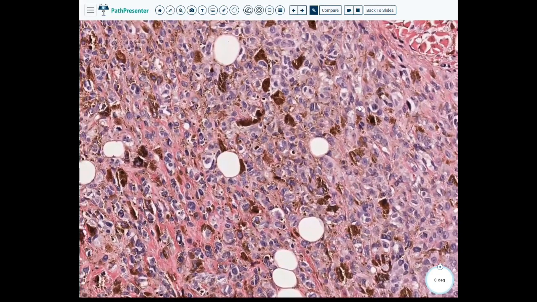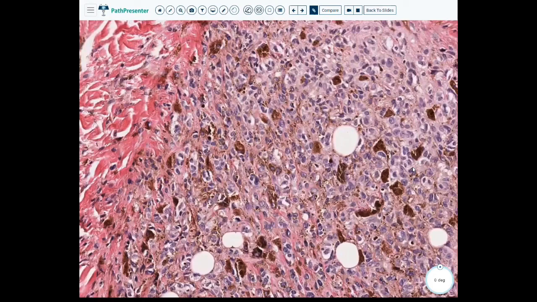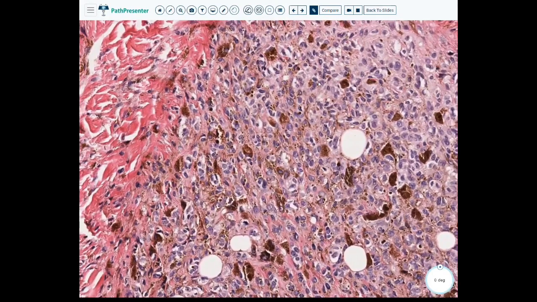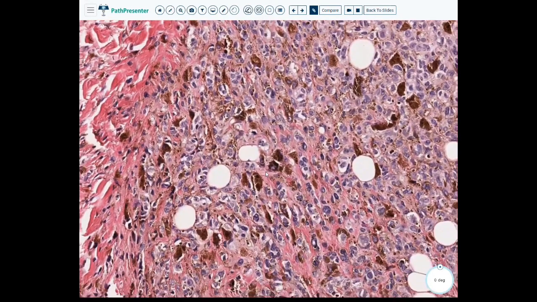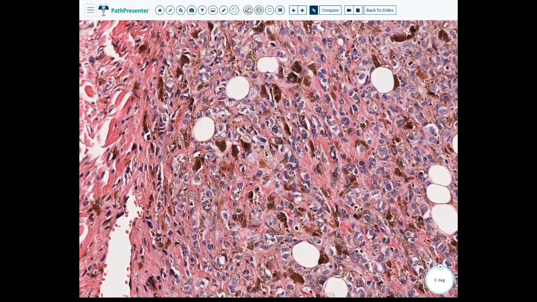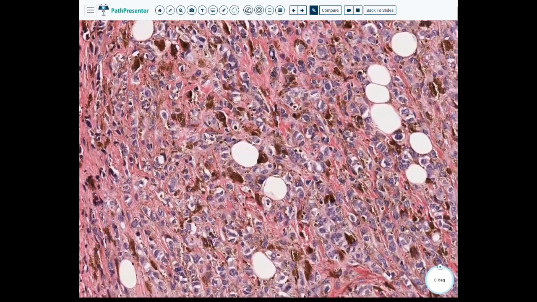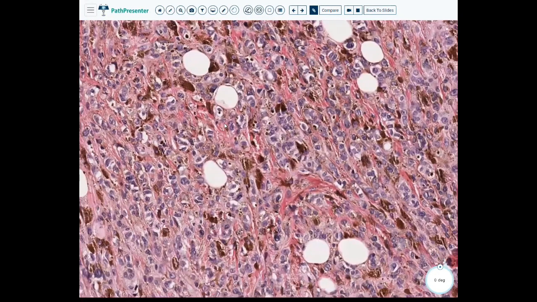And these cells actually look a little more elliptical or epithelioid than spindled. We have variation in sizes and shape, and just so many melanophages.